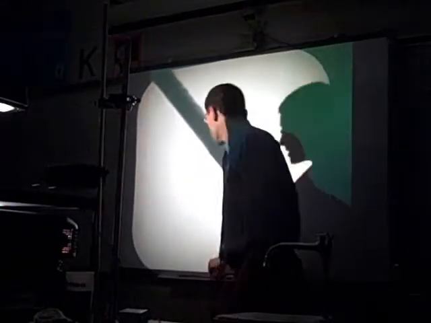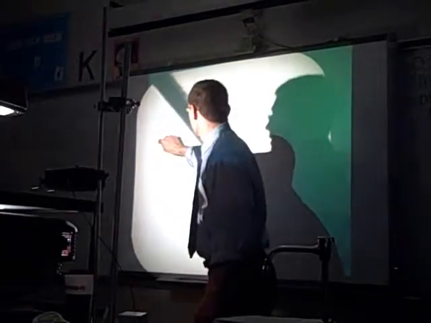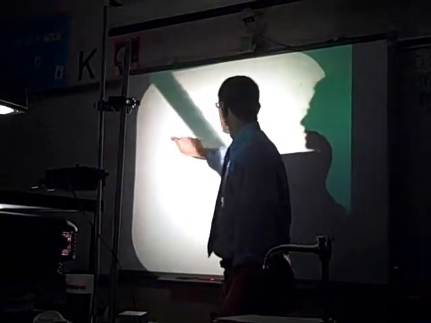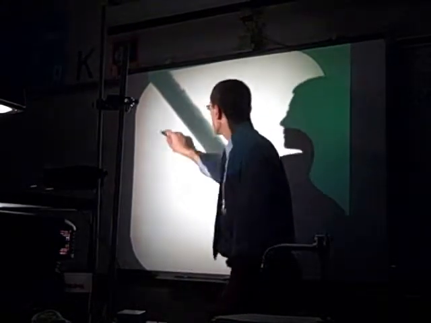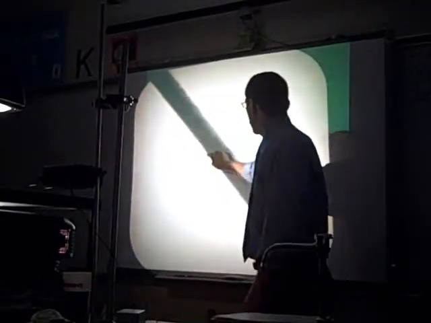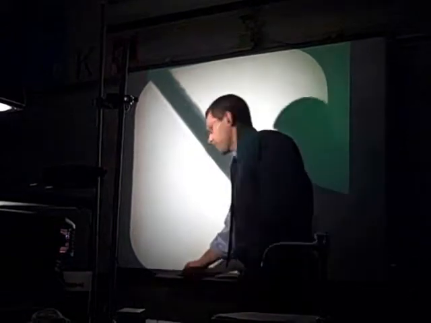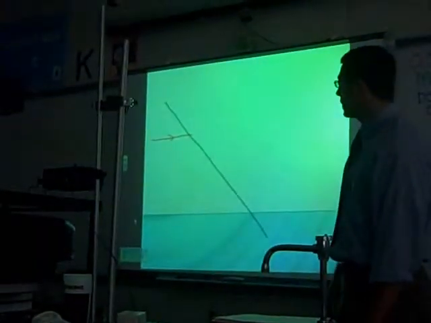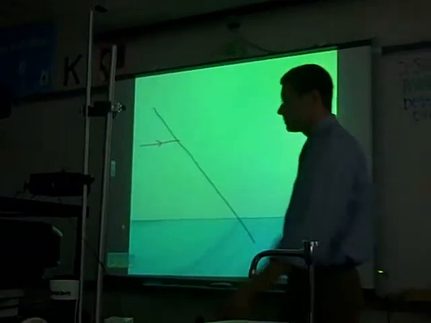Okay, now let me draw in the incident ray and the reflected ray. So obviously, our incident ray is coming in like this. So that is the incident ray. Let me draw the boundary, and also here's our boundary. Okay, so there's our boundary and there's our incident ray.